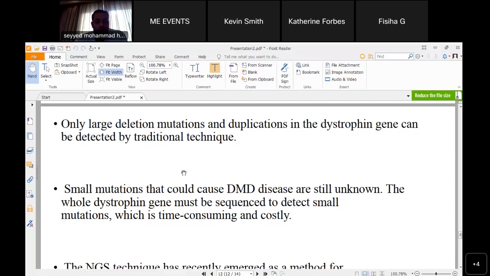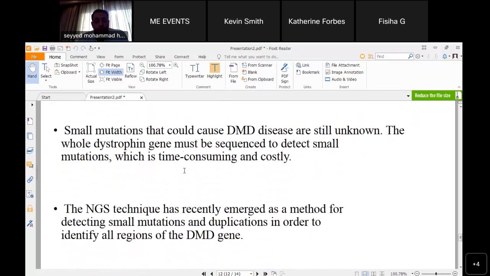The whole dystrophin gene must be sequenced to detect a small mutation, but this work is time consuming and costly. But the NGS technique has recently emerged as a method for detecting small mutations and duplications in order to identify all regions of the Duchenne muscular dystrophy gene.